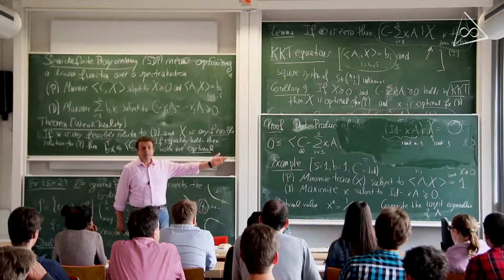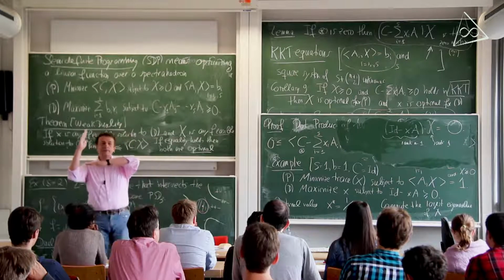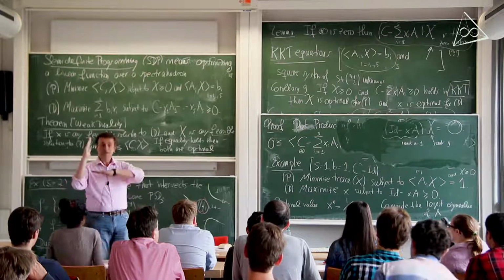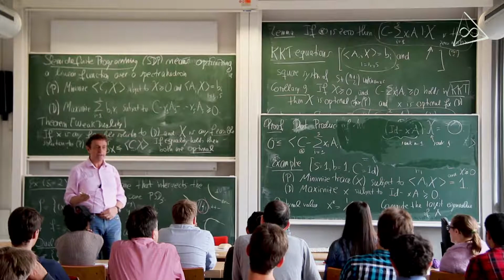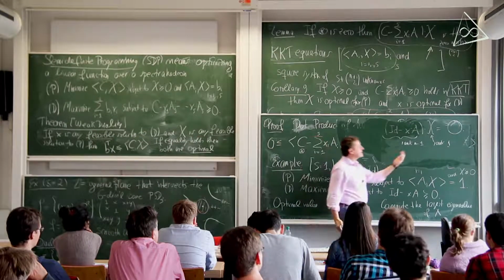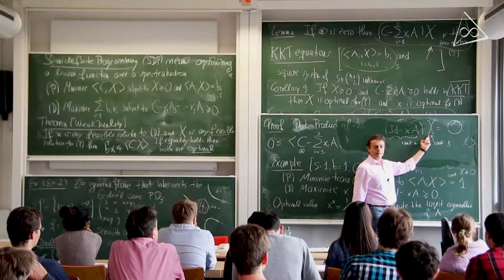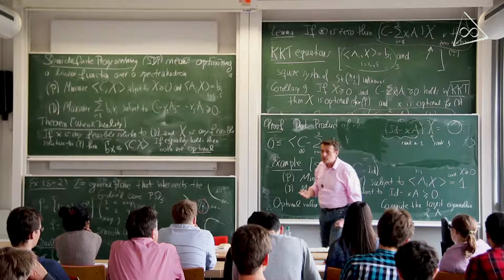A rank 1 symmetric matrix is pretty much the same thing as a vector, right? It is just the outer product of a vector with itself. So up to scaling there's only one column vector, and that's the eigenvector. So the dual solution, which is the primal solution, is the eigenvector.